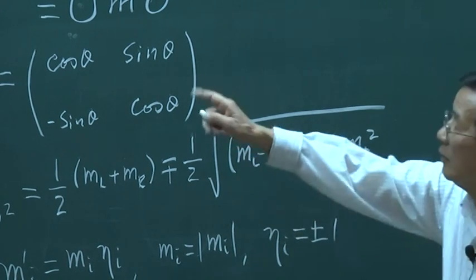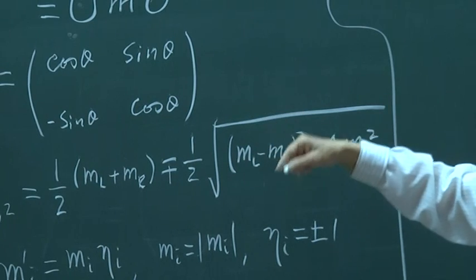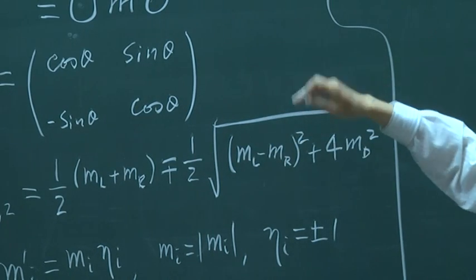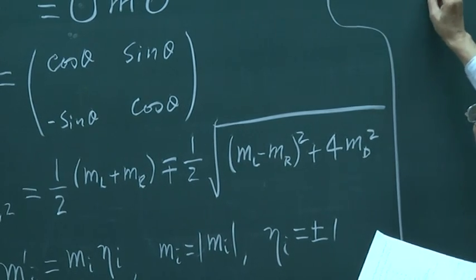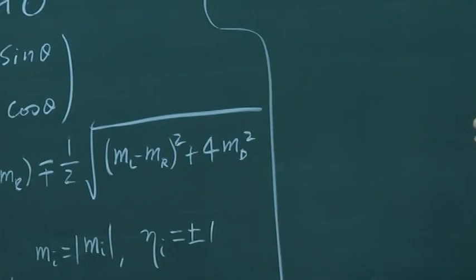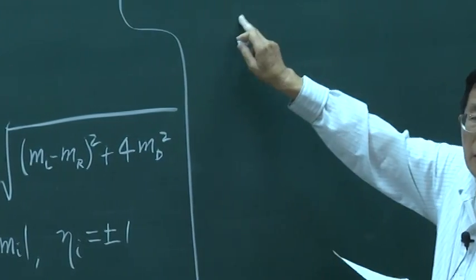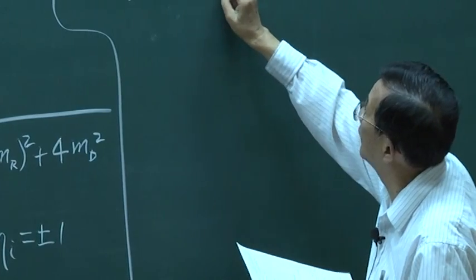Now, how about the angle theta? It's also very straightforward, just work it out using the eigenvalue equations. And for sine 2 theta, it turns out that for the double angle, sine 2 theta and cosine 2 theta will be easier to find.